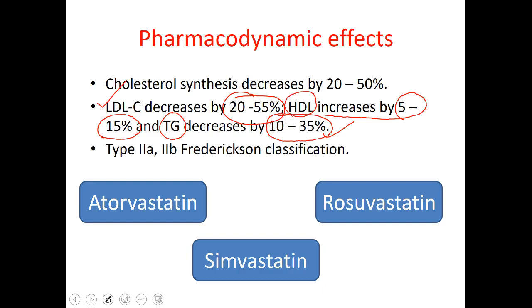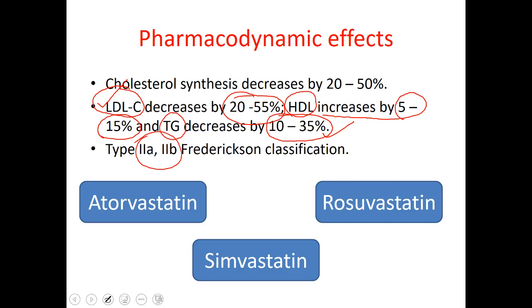Now, going back to the Fredrickson classification, because statins are very good in LDL reduction, which type of hyperlipidemia is mainly characterized by abnormal LDL? Yes, type 2. So, that is why statins are preferred in type 2 hyperlipidemia.